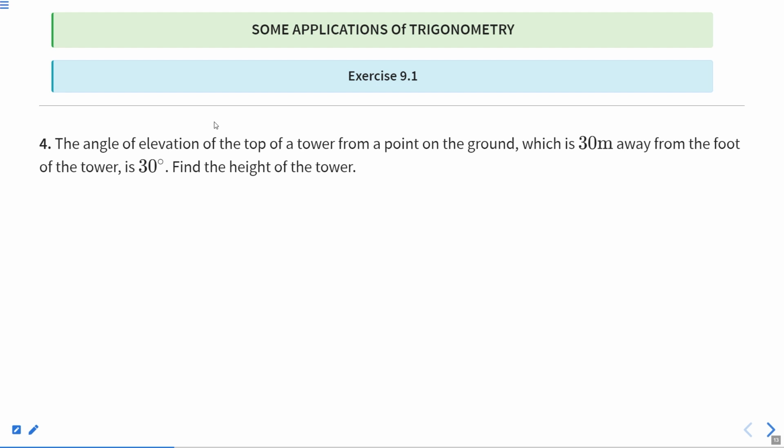Okay, and here we have given the angle of elevation of the top of the tower, that is 30 degree. Okay, so we need to find the height of the tower.